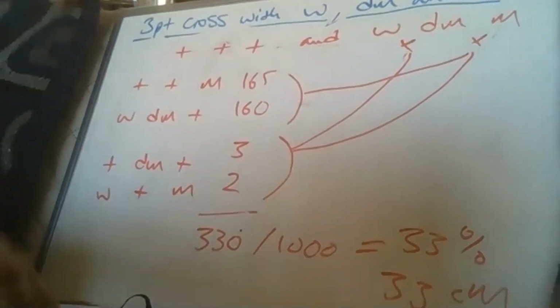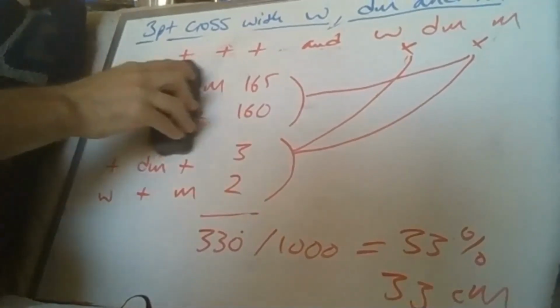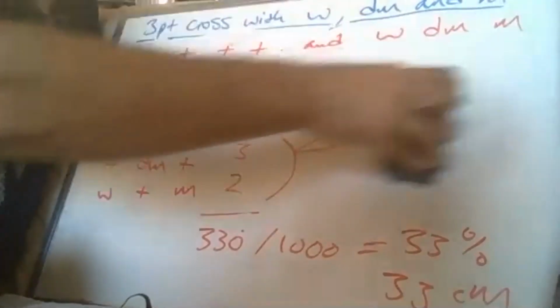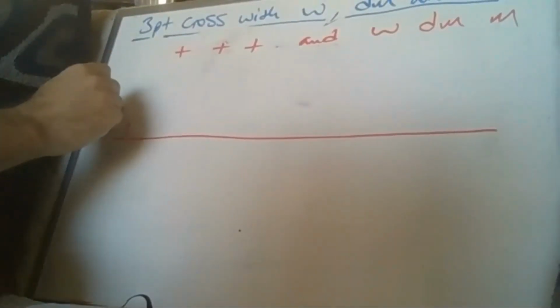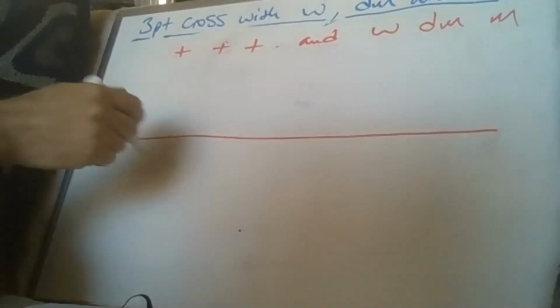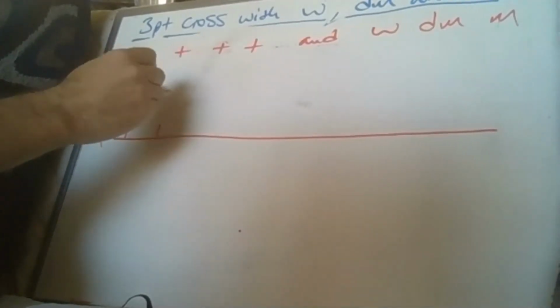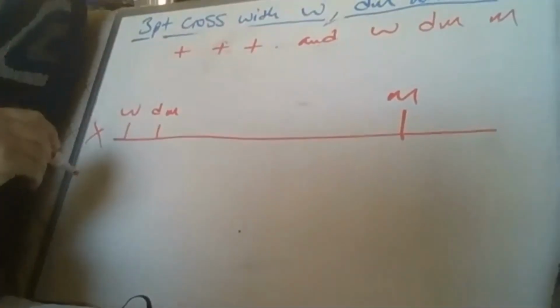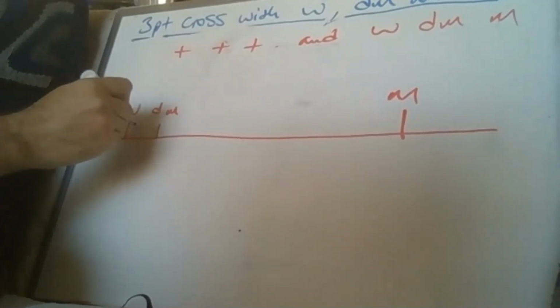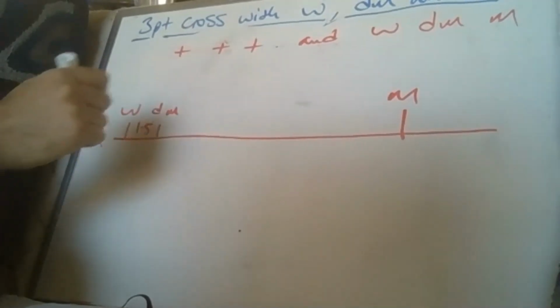Now, when you draw these up as a map, it will look like so. And this is the X chromosome. We're going to have it look like this. So this is going to be 1.5.